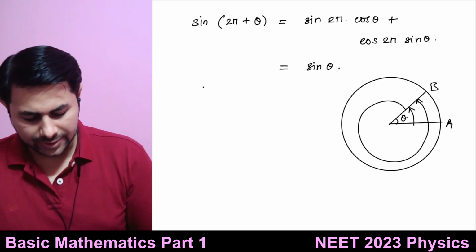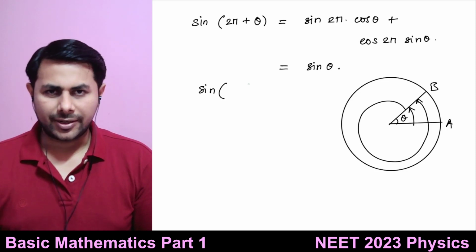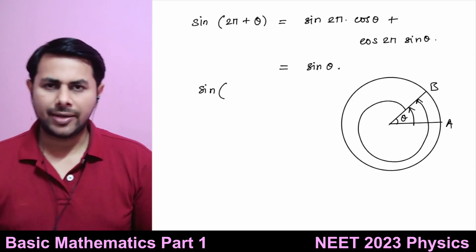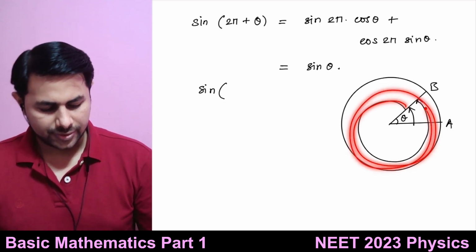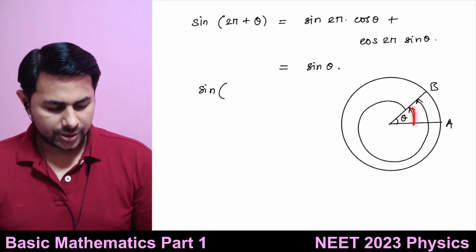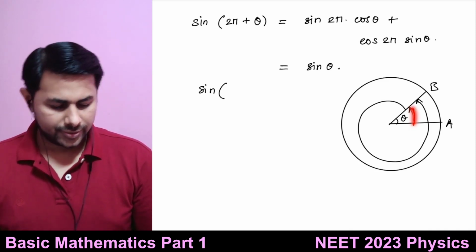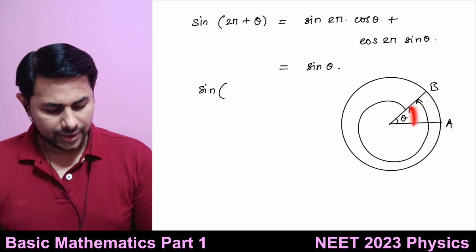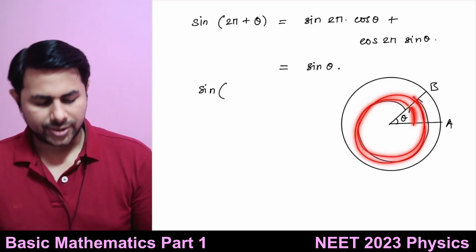Similarly, I can write sine of 2 times 2 pi. That means I am covering 2 rotations. Starting from 0 radians to theta radians, and from there I cover 2 rotations.